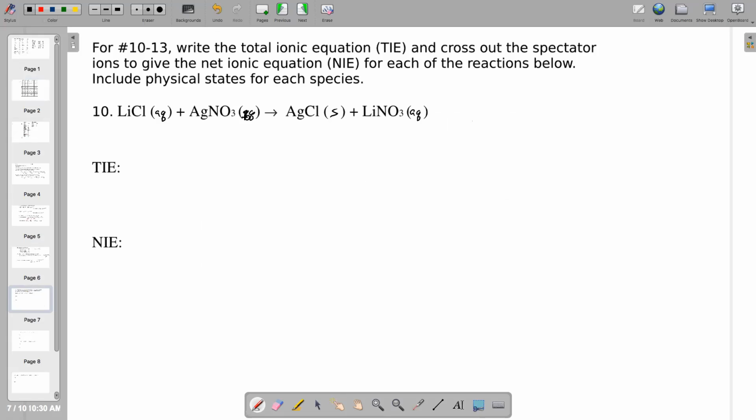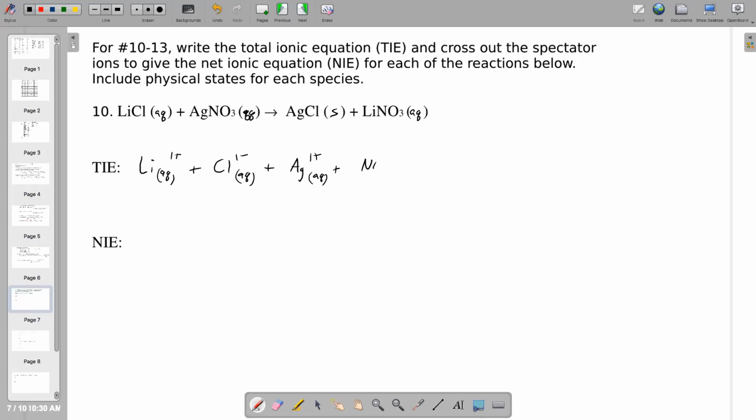The total ionic equation is the list of all the ions that are present in the reaction. So you got a lithium with a charge of 1 plus. You got a chloride, the charge of 1 minus. There's a silver, has a charge of 1 plus. And you have a nitrate.